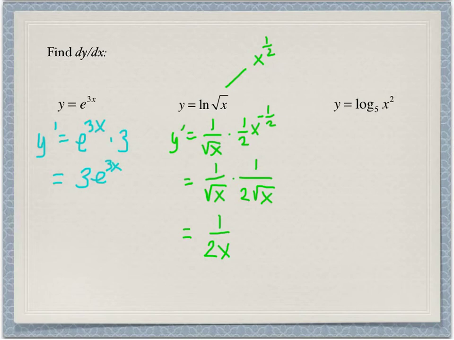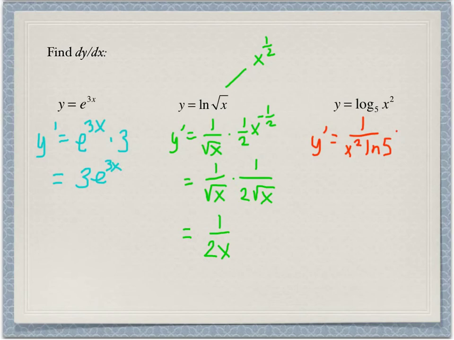Alright, and my last example here, here's one of these logarithm ones, and this has a log with a base 5. So again, just following my formula here, I get 1 over, and then I put my x squared next, that's the actual function, and then it's the ln of that base, like that.